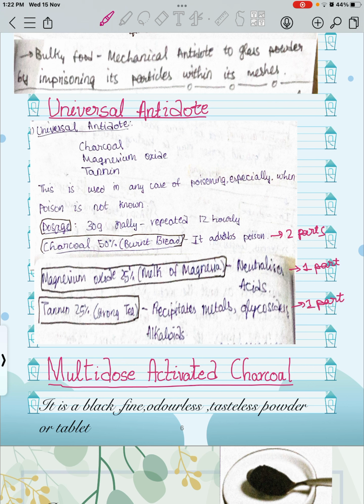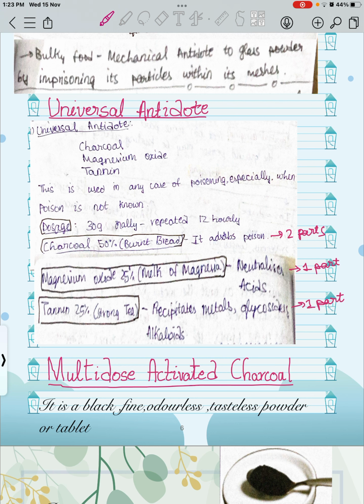Charcoal 50%, burnt toast. It absorbs poison. 2 parts. For example, for 2 parts of charcoal we have to add 1 part of magnesium oxide and 1 part of tannin.